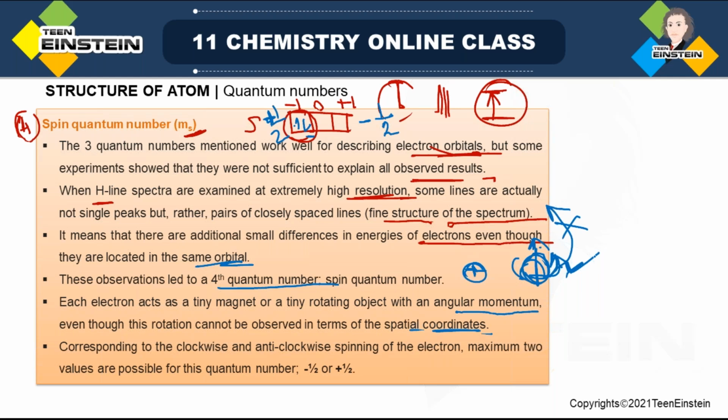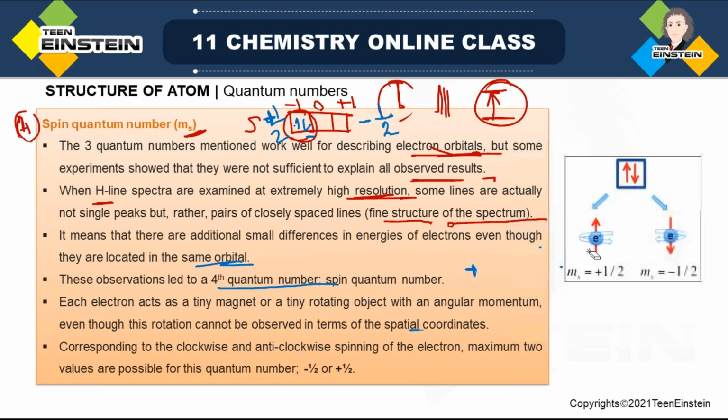Corresponding to whether it is clockwise spinning or anti-clockwise spinning of the electron, a maximum of 2 values are possible. So see, for one electron you can draw it like this, or you can draw it in this way.